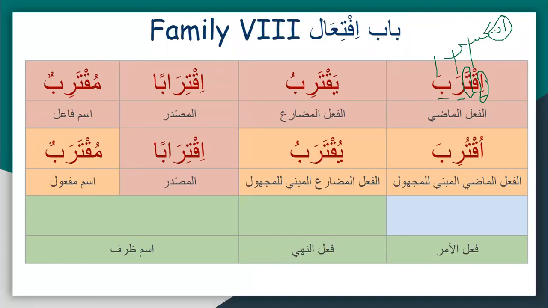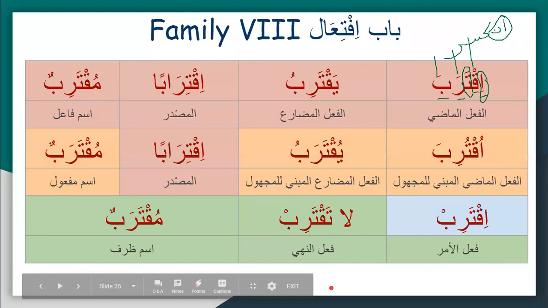So iqtaraba yaqtaribu iqtiraban fahuwa muqtaribun, uqturiba yuqtarabu iqtiraban fahuwa muqtarabun. Al-amru minhu iqtarib wa nahyu anhu la taqtarib wa zarfu minhu muqtarabun. So you have to practice over and over again.